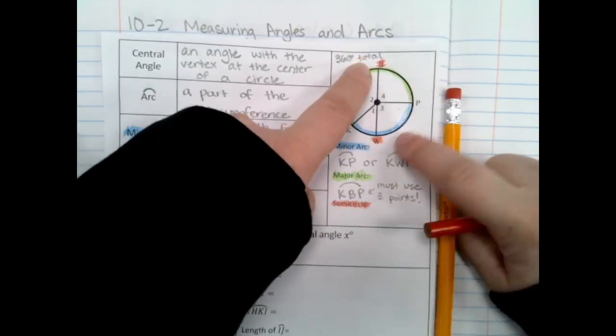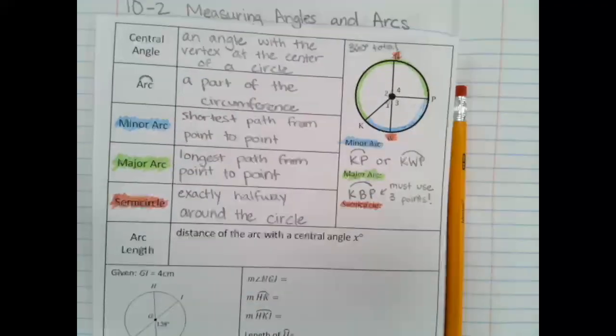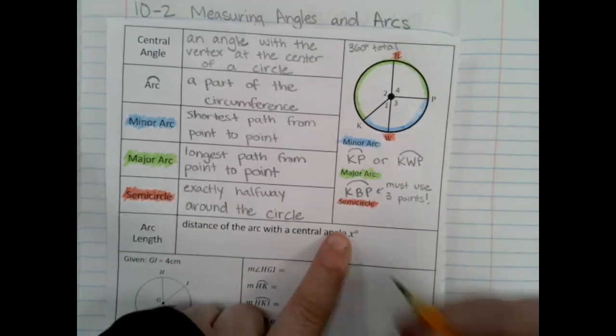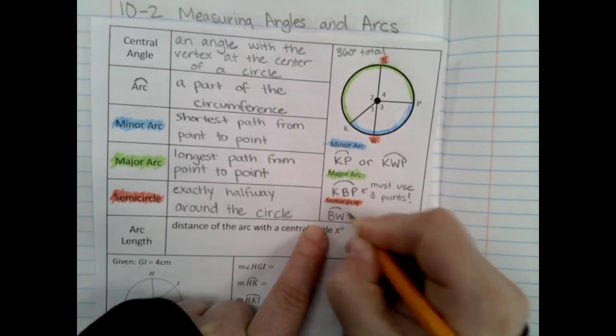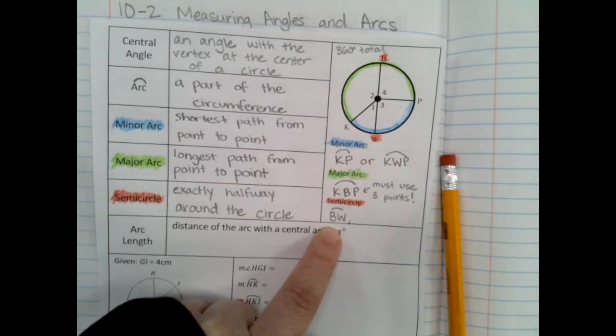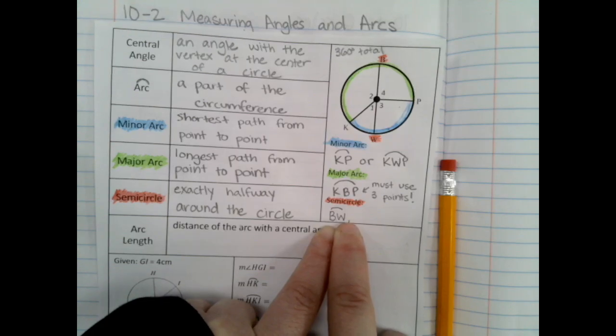Yeah, it doesn't matter if you go clockwise or counterclockwise. If I don't care which direction you go in, I can just say B to W. I can just use 2 letters, saying we're starting at B, ending at W.